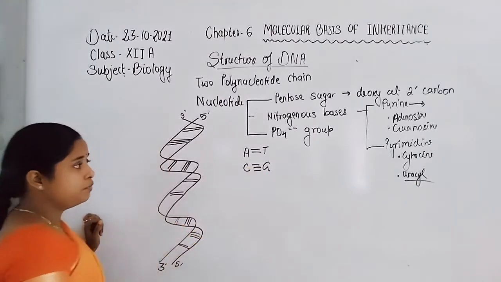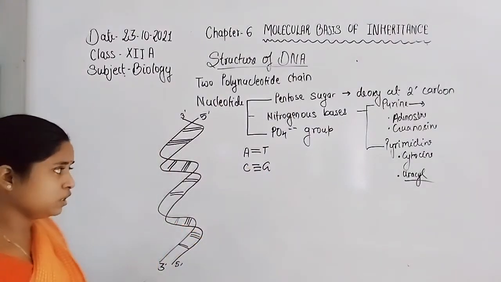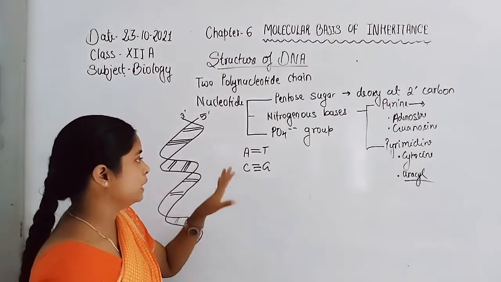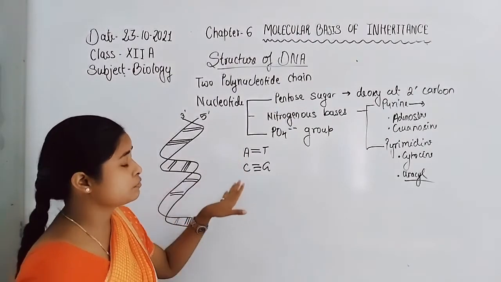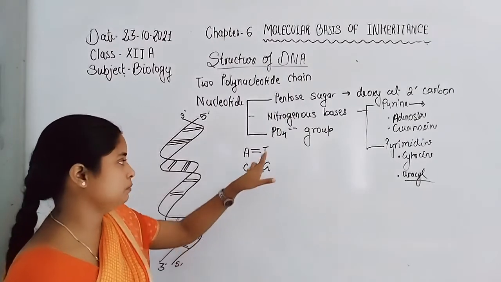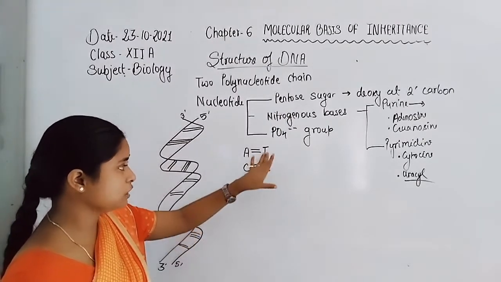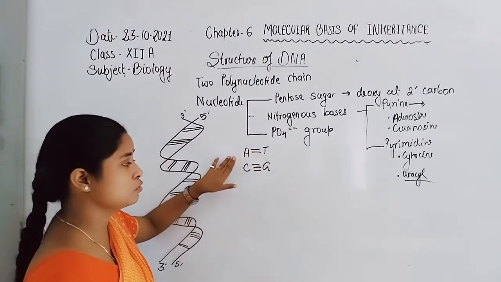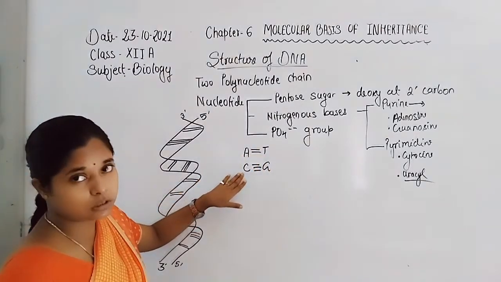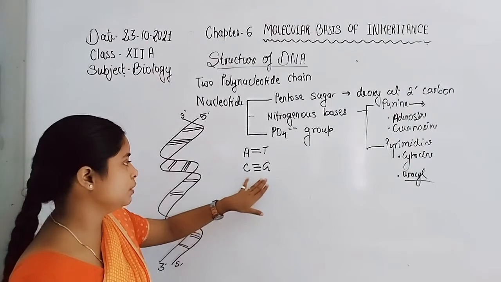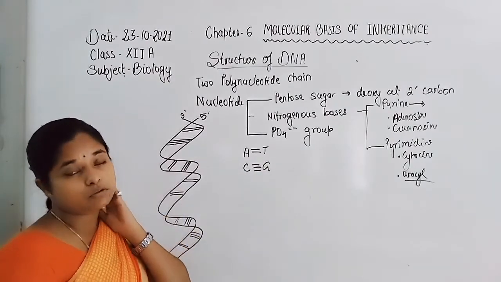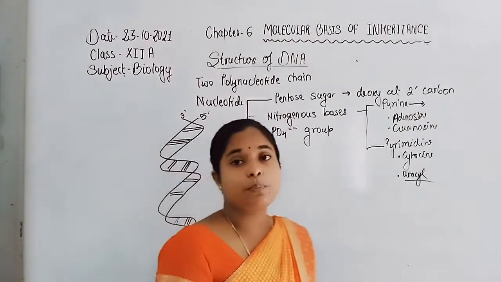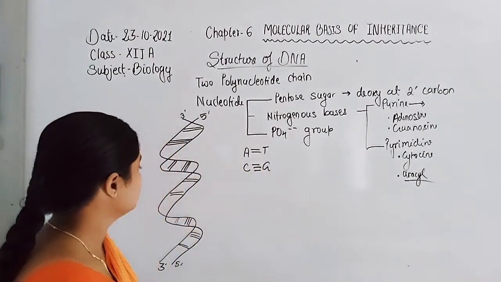So always follow these combinations or vice versa. That means adenosine always forms double hydrogen bonds with thymine, and thymine always forms double hydrogen bonds with adenosine. Similarly, cytosine forms triple hydrogen bonds with guanosine, and guanosine again forms triple hydrogen bonds with cytosine.